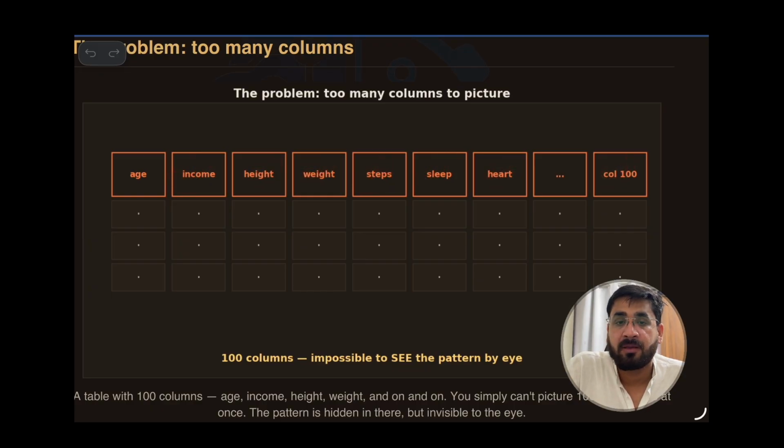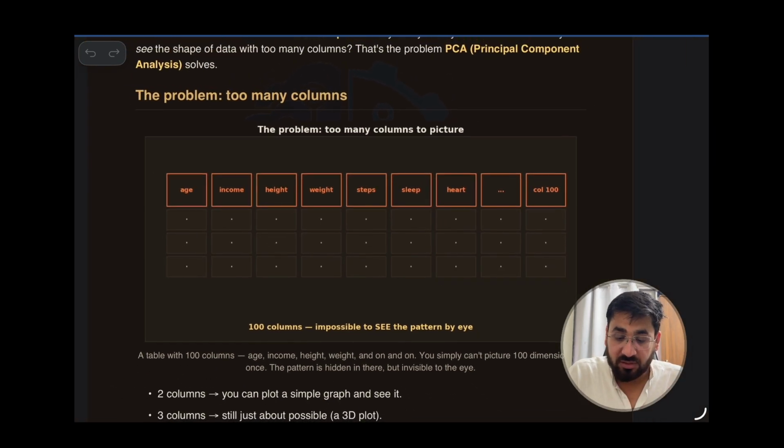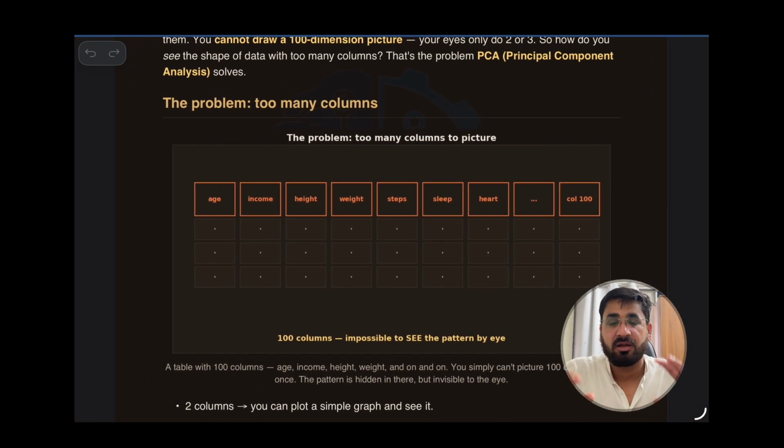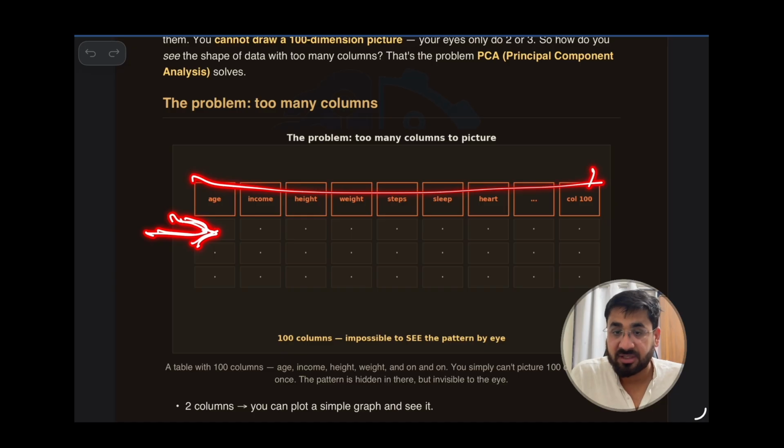Now the target is to reduce all this information, because so many pieces of information are there. For one person, for me only, for one row 100 columns are there.